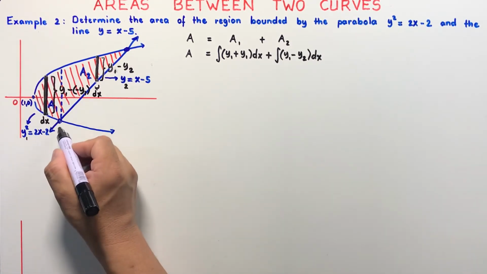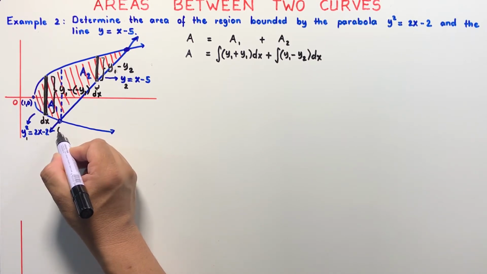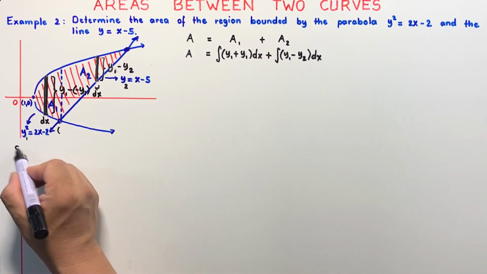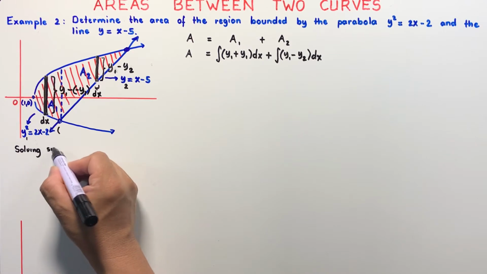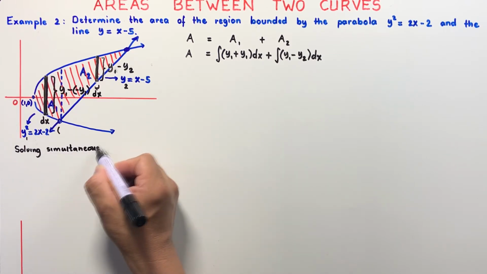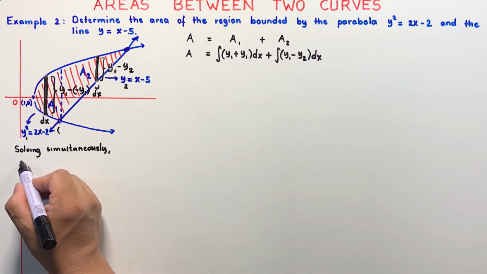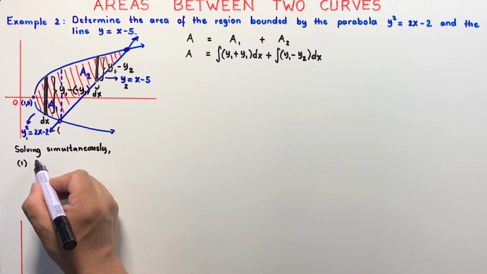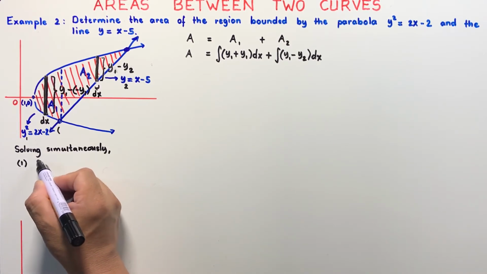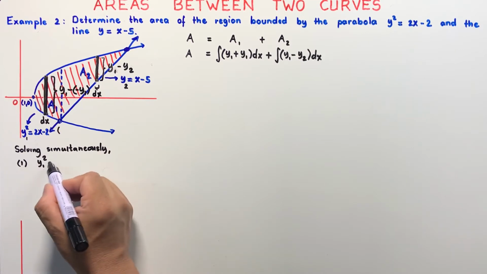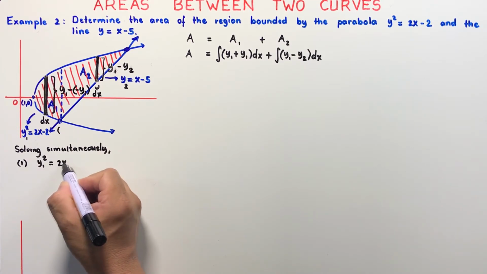So to solve for this point of intersection, we need to solve simultaneously the two equations. So we have equation 1, which is y sub 1 quantity squared, which is equal to 2x minus 2.